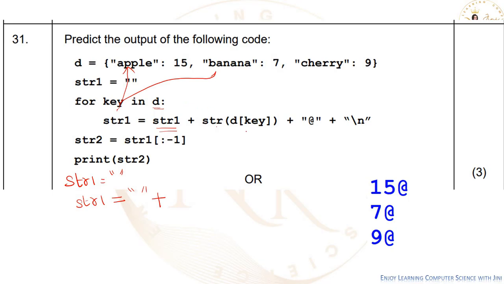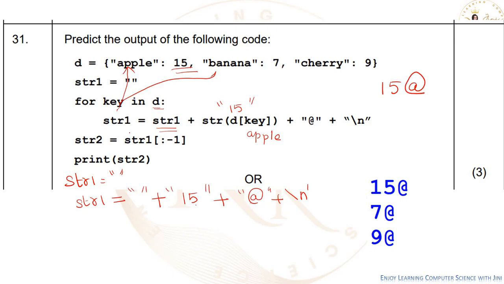D of apple is 15. What is str of 15? That will be your string. So you are adding 15 with it, plus @ symbol plus \n. That means your first line will have nothing, then 15, @, and \n will move the cursor to the next line. So your first output will be 15@.